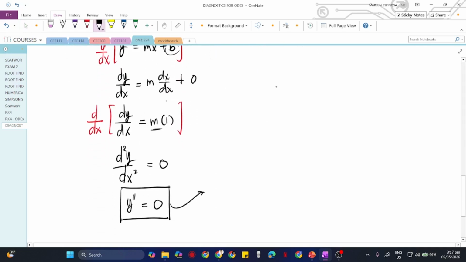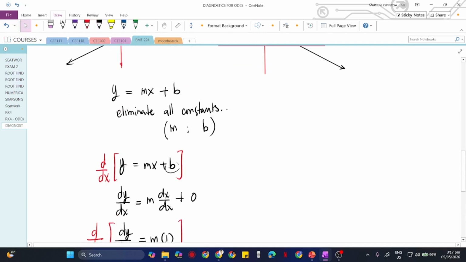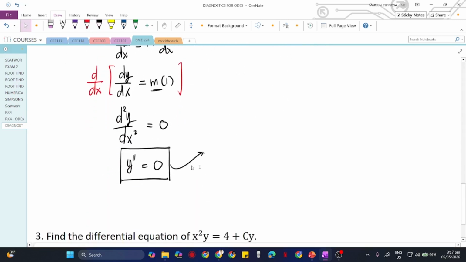For example, if we say negative mx plus b, or negative mx and negative b, we would still come up with the same result. The derivative of a negative or positive constant is always equal to 0. So we will still come up with the same differential equation.